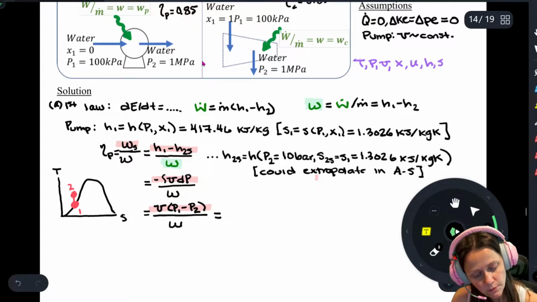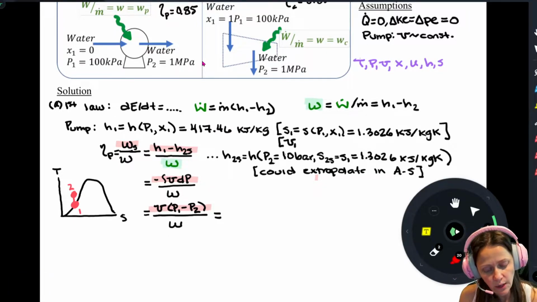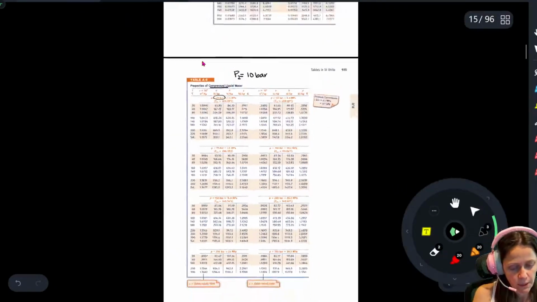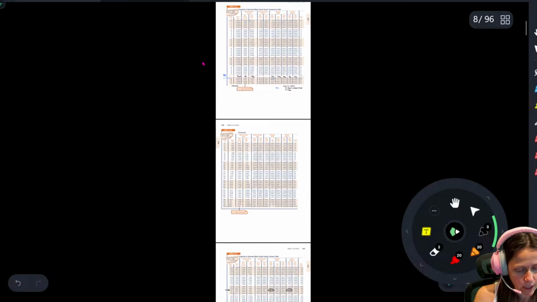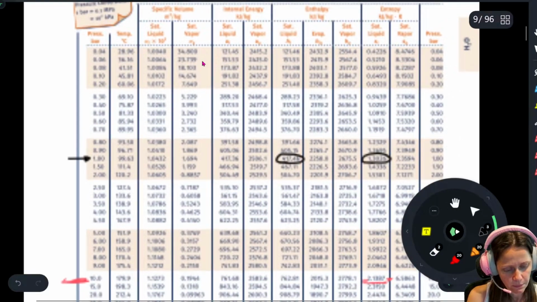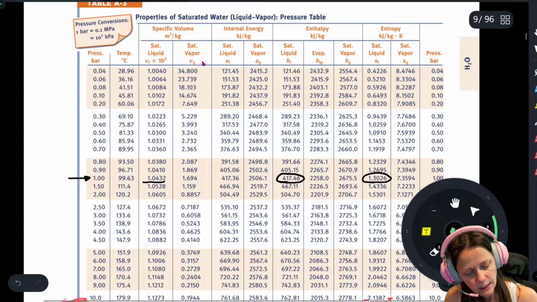So, great. Let's go ahead and get V1. Since we're already saying V1 and V2 are the same, let's go ahead and get that. So it's state 1, quality is 0, and we're at 1 bar. So let's go back to the table. There we go. All right, so it looks like that's our value right there.